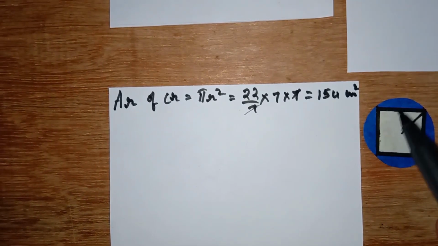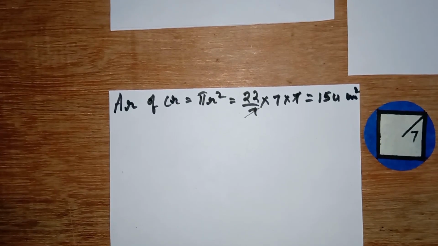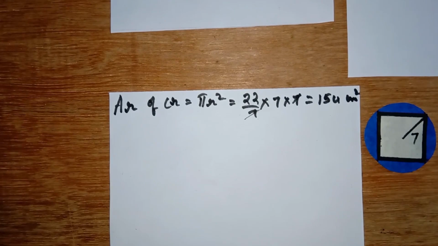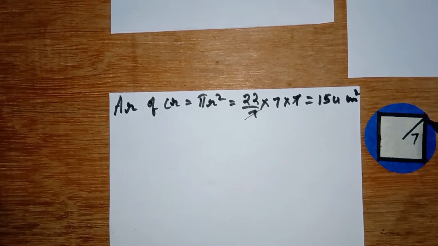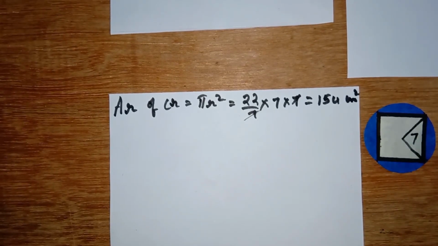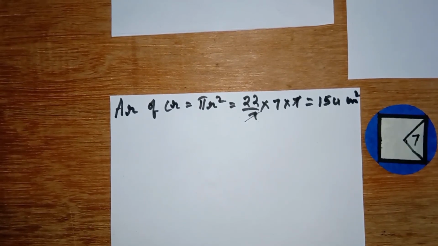To find area of square, we need the side length, which can be found by using Pythagoras theorem. This length is 7. This is also 7. And they are at 90 degrees to each other.